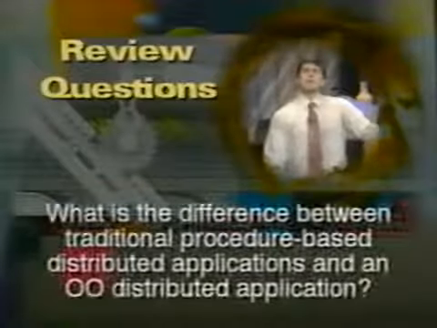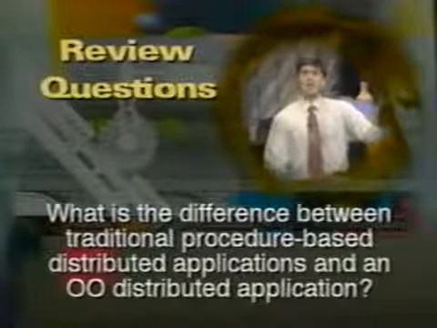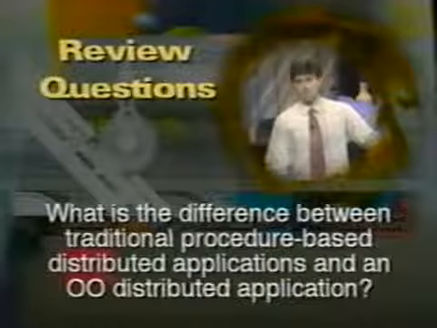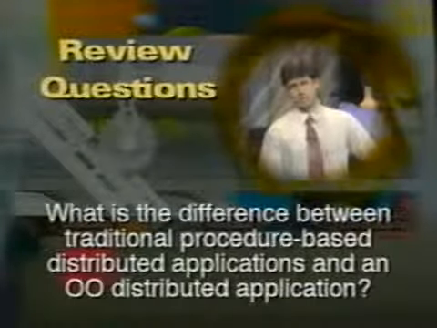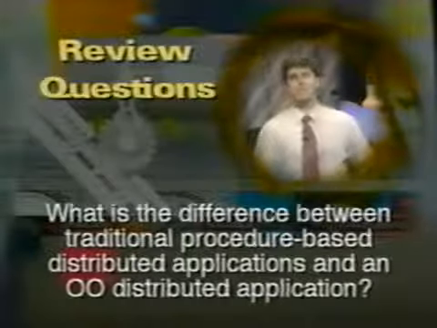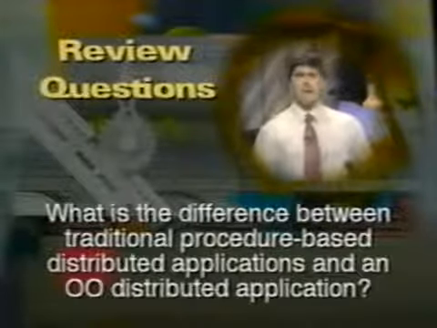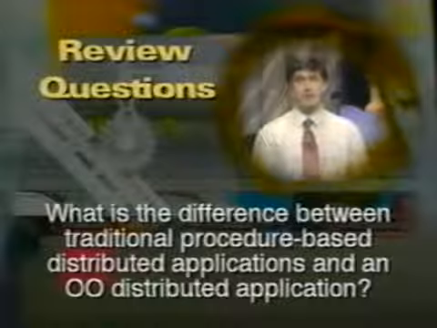Now let's review what we've covered so far. First, what is the difference between a traditional procedure-based distributed application and an object-oriented distributed application? In RPC, there's no need to create an instance of an object. It's a procedural-based application.